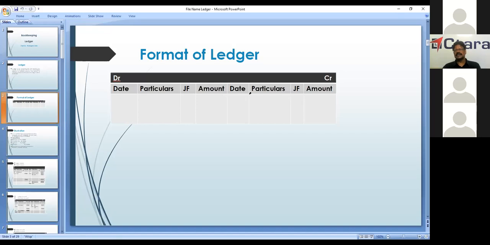Likewise, on the right hand side, we have date, particulars, journal folio, and amount. All the credit details will be entered here. So it is in account form, left hand side is DR, debit, and right hand side is CR, credit. This is the format of a ledger.